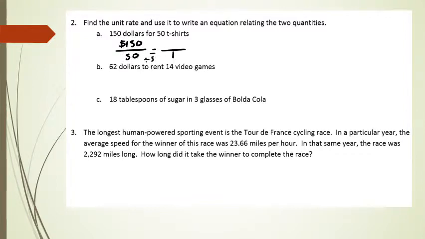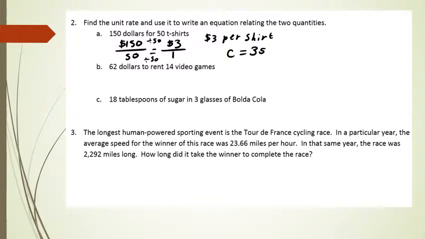I can see my scale factor. I'm going to divide by 50 or multiply by 1/50th. And 150 divided by 50 would give me $3. So in other words, it's $3 per shirt. So for an equation, I could say the cost equals 3 times the number of shirts. And you can choose the variables that you're going to use here.